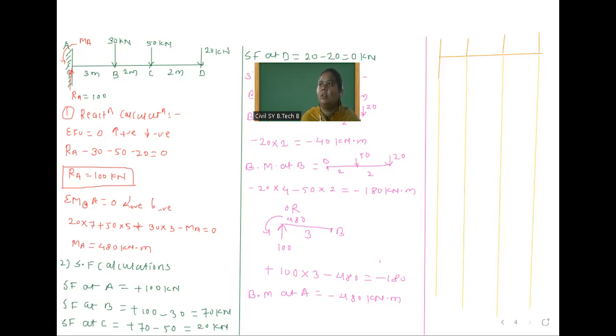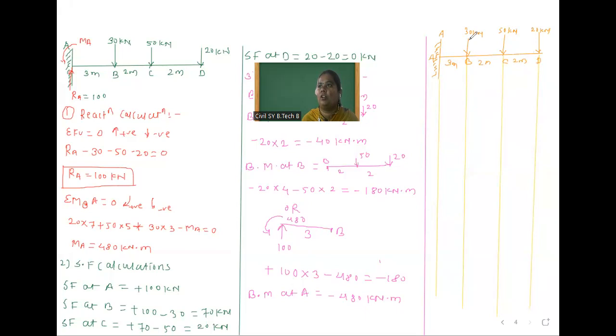So this is fixed end A. Here a downward force of 30 kilonewton is applied, here a downward force of 60 kilonewton, and here again a downward force of 20 kilonewton. This is B point, this is C point, this is D point, and this is A point. This distance is 3 meter, this is 2 meter, this is 2 meter.